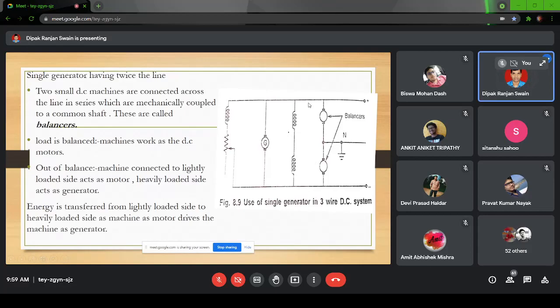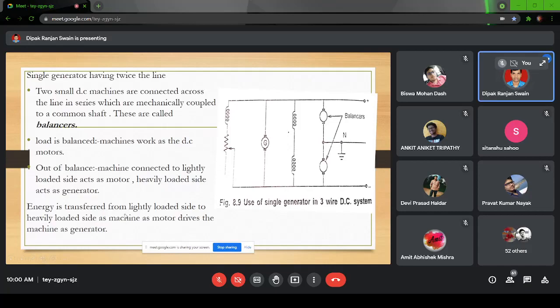So what will happen? The current on the heavily loaded side, as it is generating, will fall, and simultaneously the current demand from the lightly loaded side will increase. So the gap I1 minus I2 will decrease. And if you do that correctly, or the difference is not much between I1 and I2, then these two will be able to equalize the current. So the neutral current becomes 0. So that is the use of the balancer circuit in a DC three-wire system.